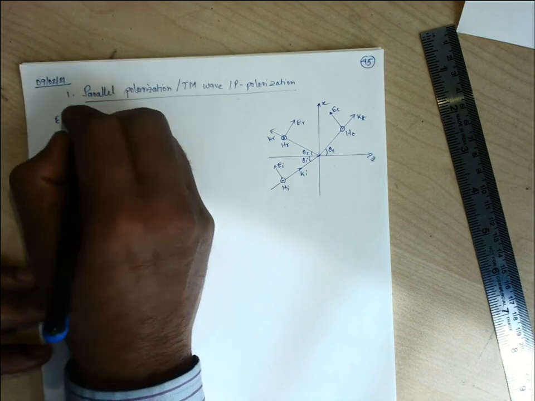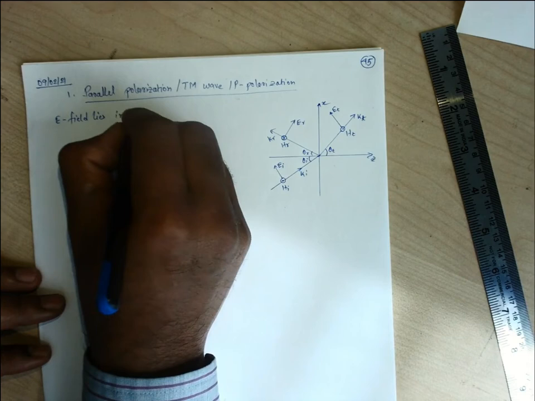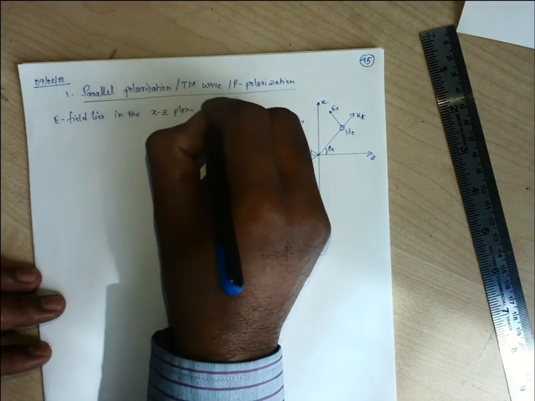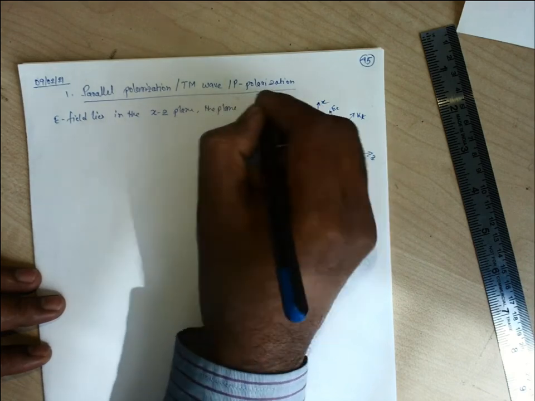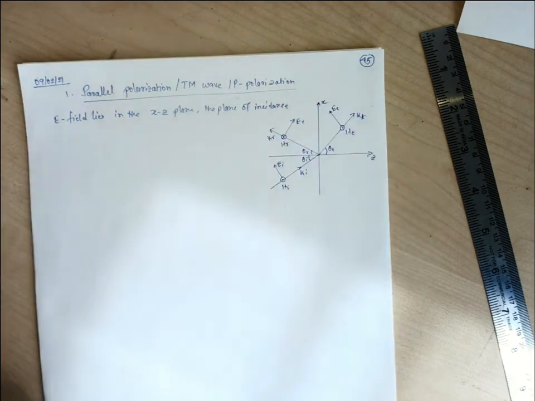Electric field lies in the xz plane, that is the plane of incidence.